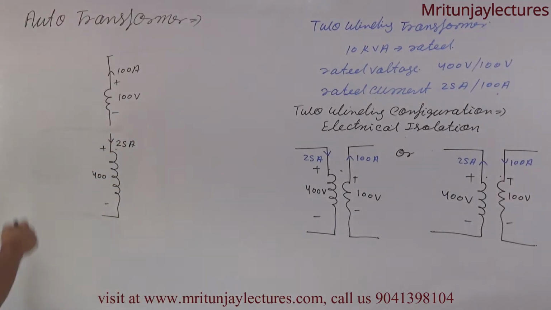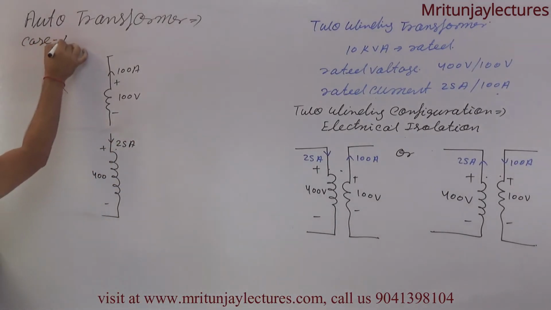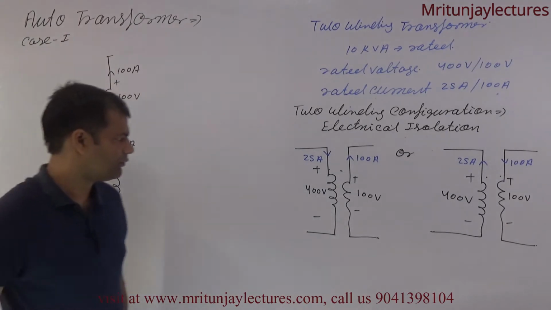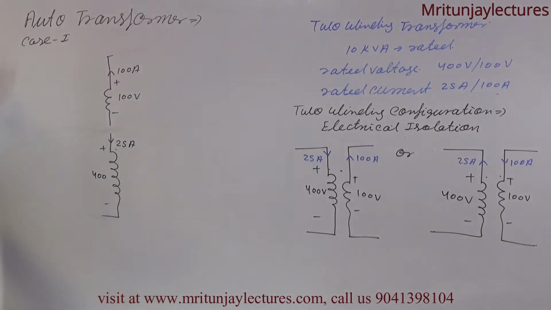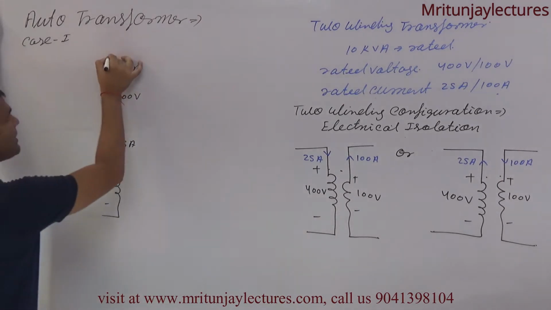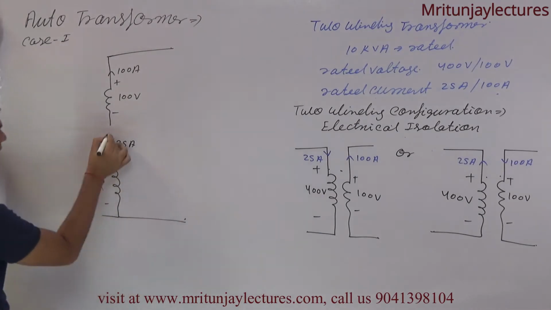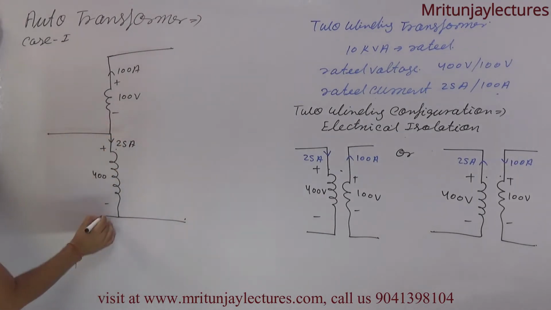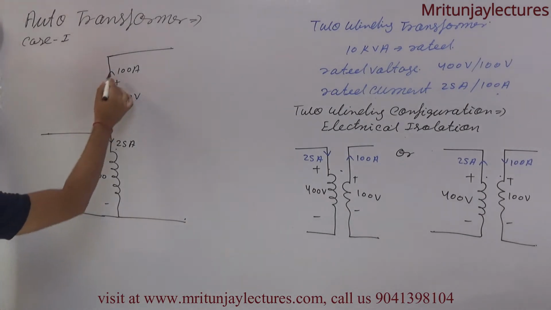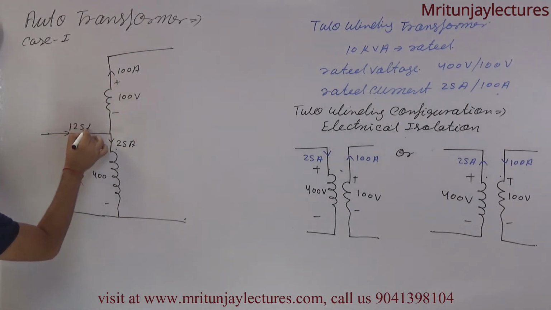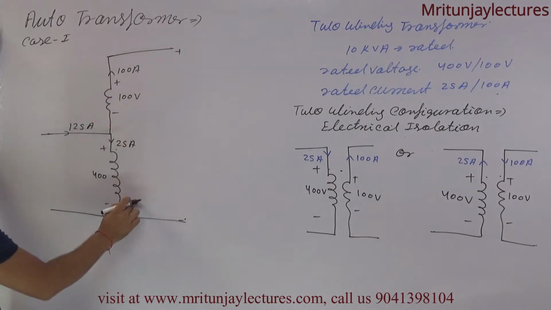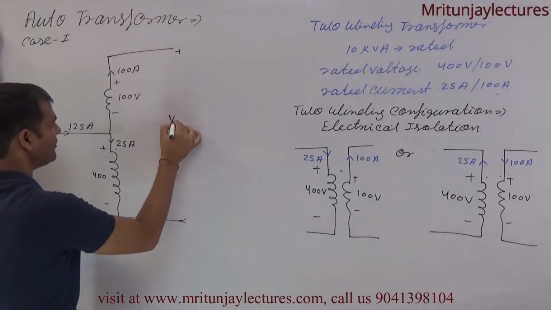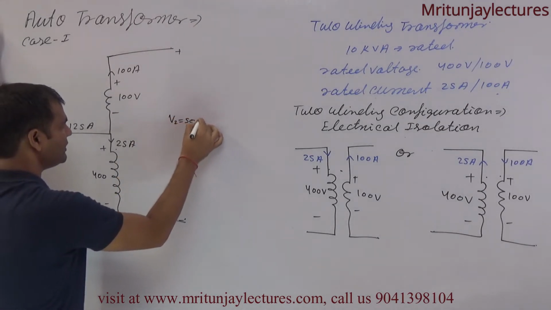First of all, case first, you can say that case first. 4 possible connection. First connection like this one. Now this one and this one. Okay, you can say there's 125 ampere, and this one, what about V2, that is 500 volt.